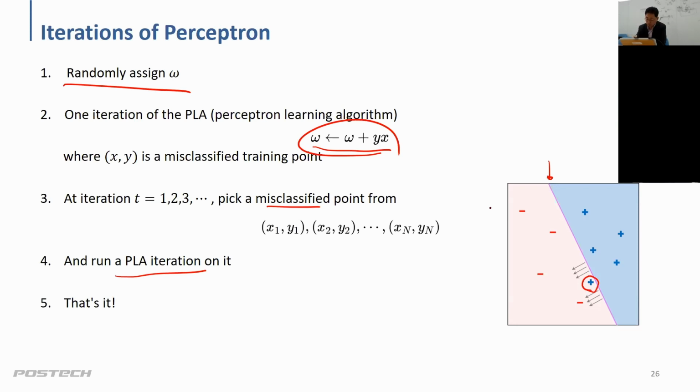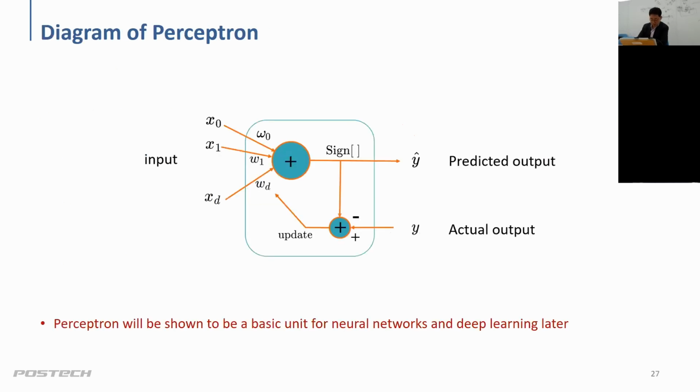And if we do this kind of update, it will move like that. So at the end, we satisfy all the training data points, and everybody will be happy.